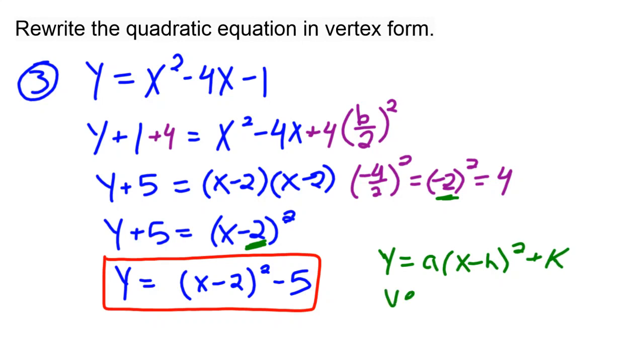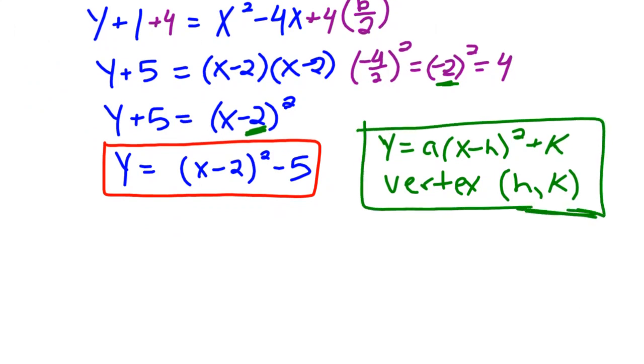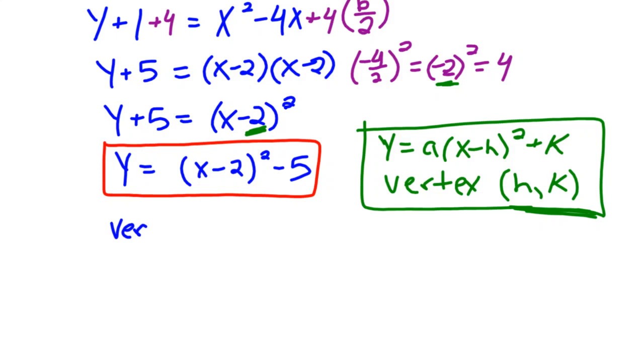And the vertex of this parabola is the value of h and k, following this definition. So if we want to figure out what the vertex is, we would look at the value inside the parentheses.